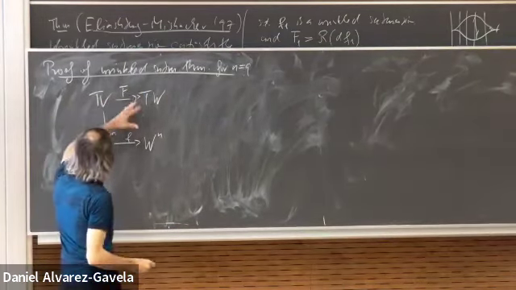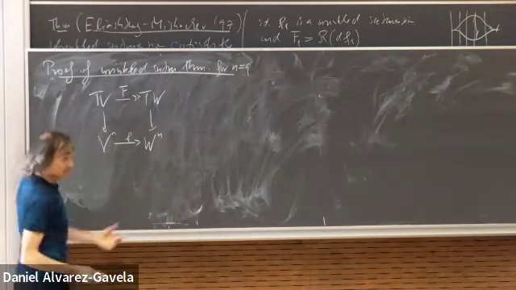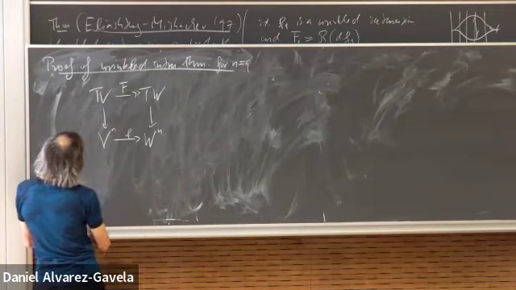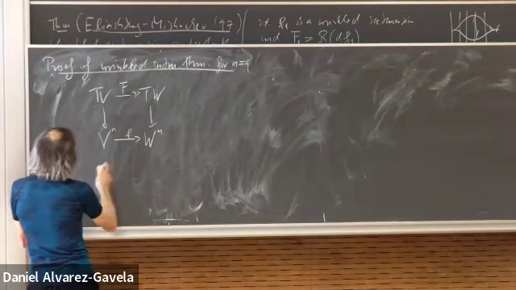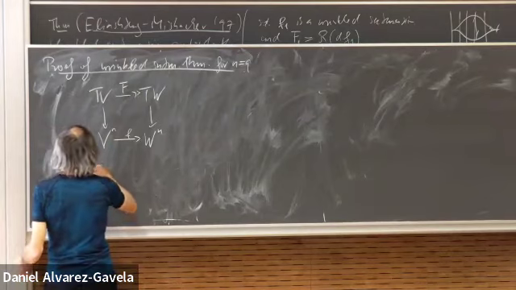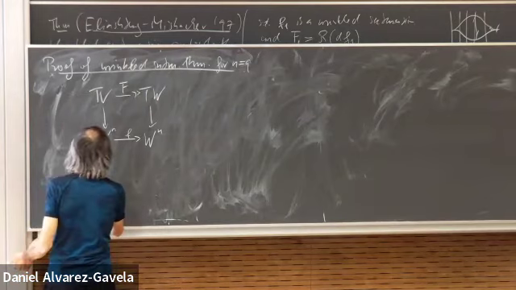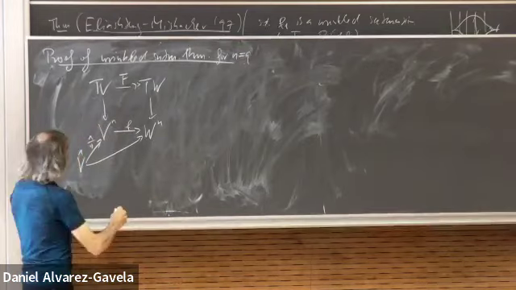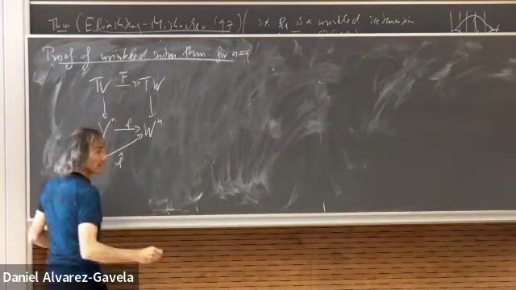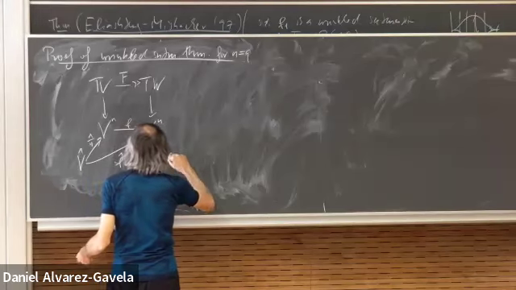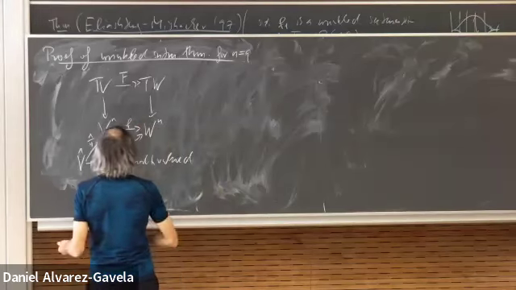And we want to transform it into a wrinkled version. The first thing is we can make it a multi-valued wrinkled map. So we get a multifold V hat, and we get F hat, a multi-valued submersion.